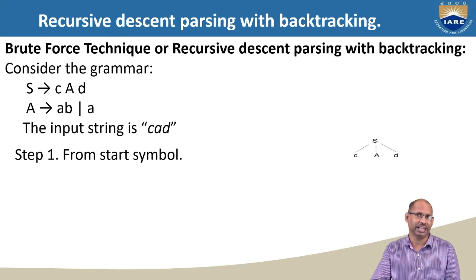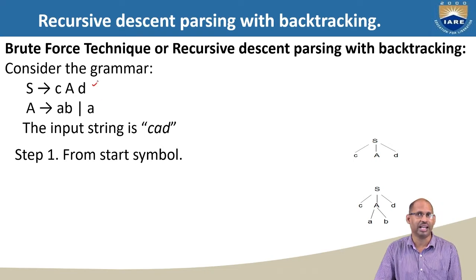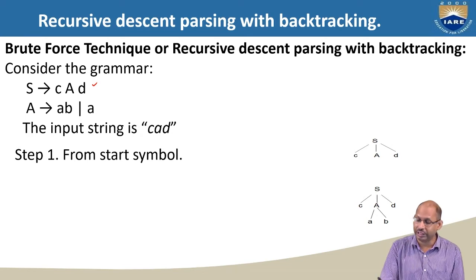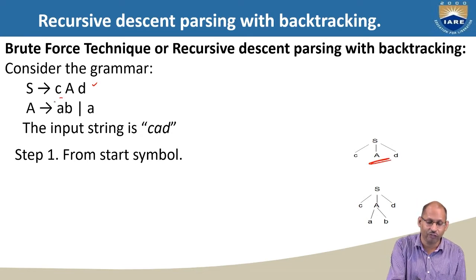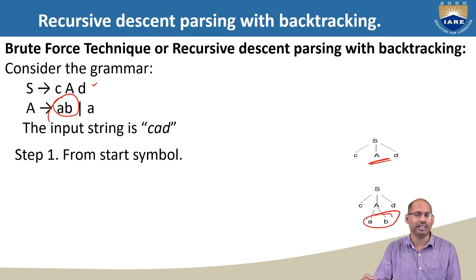S gives CAD, right? The input string is CAD. So, S is the starting variable, and we derive CAD. Next step, A we are considering as AB, right? So, S has only one production, so we take it as it is. But here, for A, the first production is AB. So, we consider the AB.